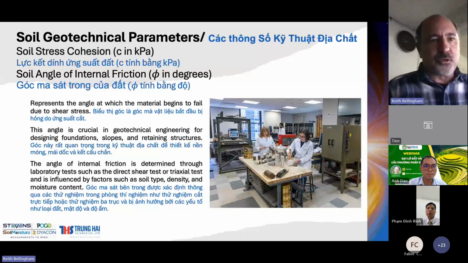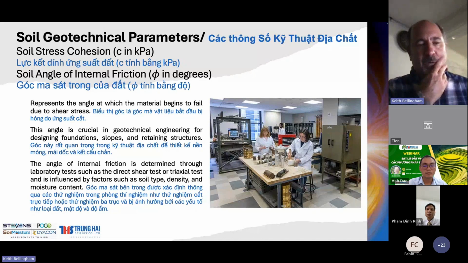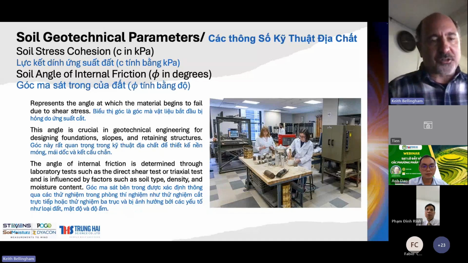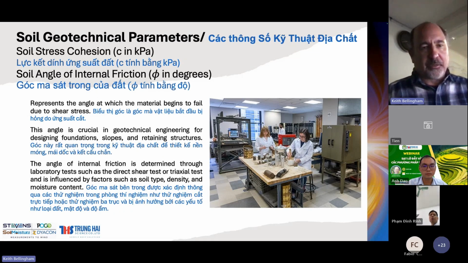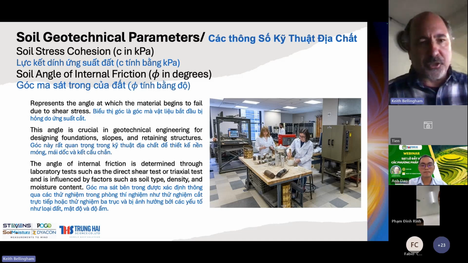There are two geotechnical parameters that are found in the literature. One is called the soil cohesion, and it's measured in kilopascals, and also the soil angle of internal friction. It's measured in degrees, and these two parameters are measured in a geotechnical lab.